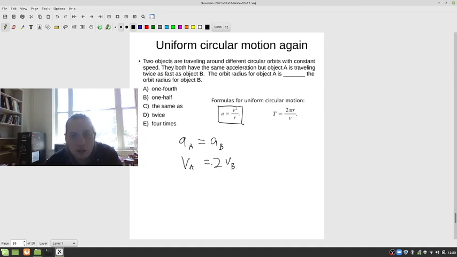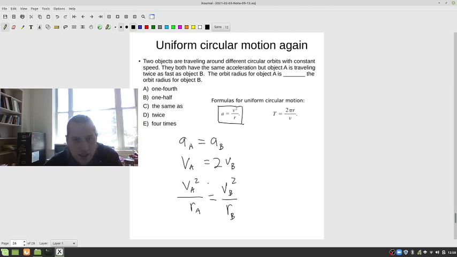Okay, so if I write this, I know the accelerations are the same, so that means VA squared over RA equals VB squared over RB.